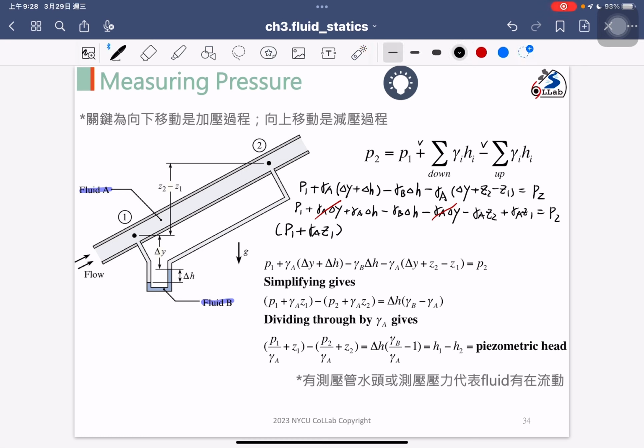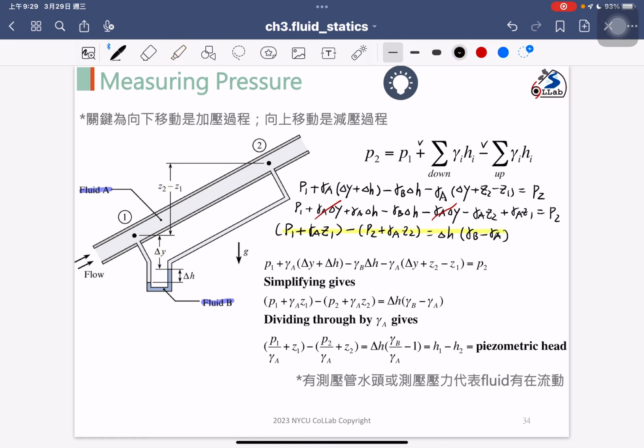So here we will have minus P2, and there is the elevation Z2, so I merge Z2 with P2. So there is plus gamma A Z2, and I move all other parameters to the right hand side. So we have delta H times gamma B minus gamma A. Okay, so this is our first equation.